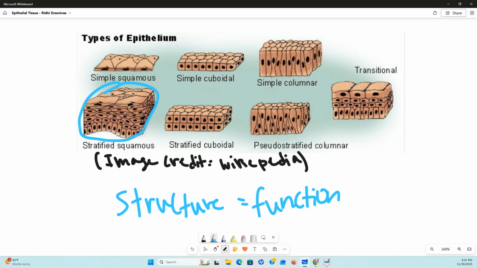This one right here. Okay. So this type of tissue is found in many different places, of course, in the body, but one place it's found is the epidermis, which is the most superficial layer of the skin.